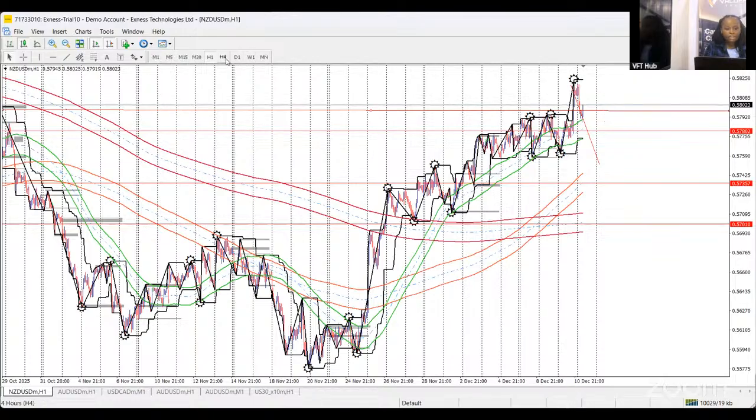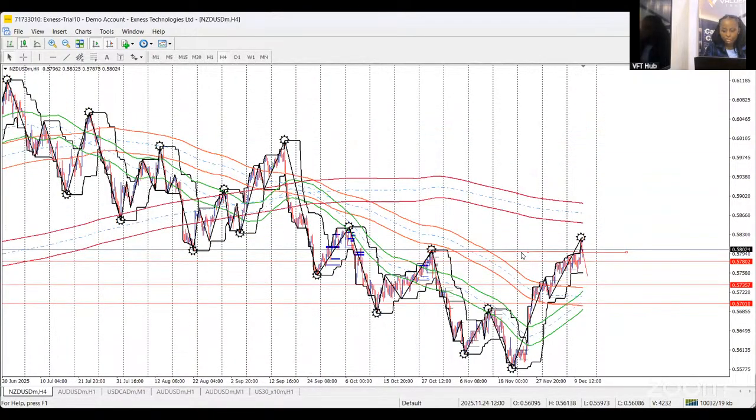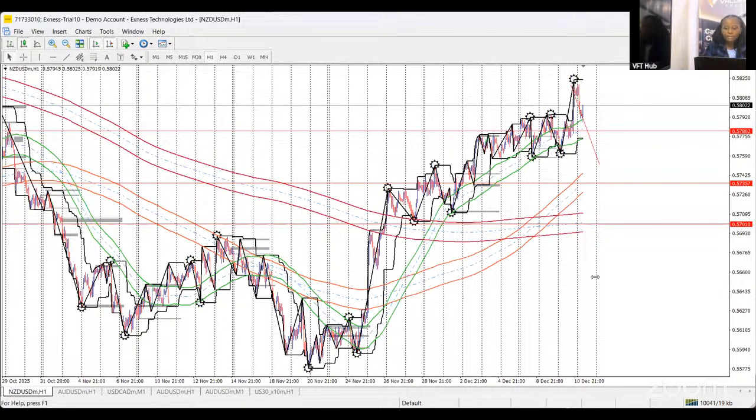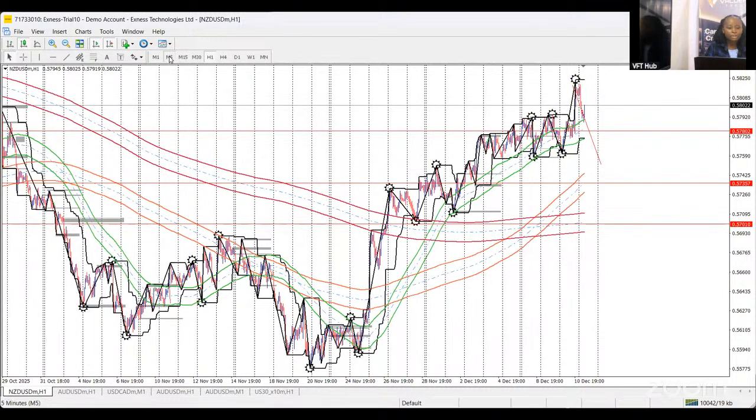Let me delete that level I marked out on H4. Okay, so these are now the levels we're marking out.